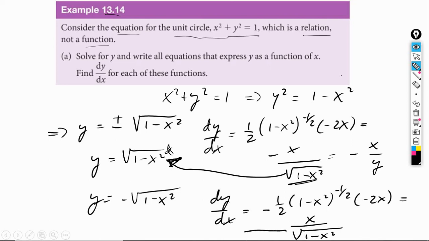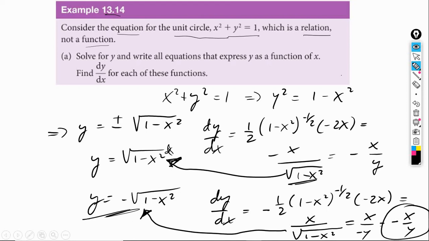But again, notice that if this is true here, it means that this equals negative y. So this would be the same as x over negative y, which is the same as minus x over y. So we get the same answer in both cases.